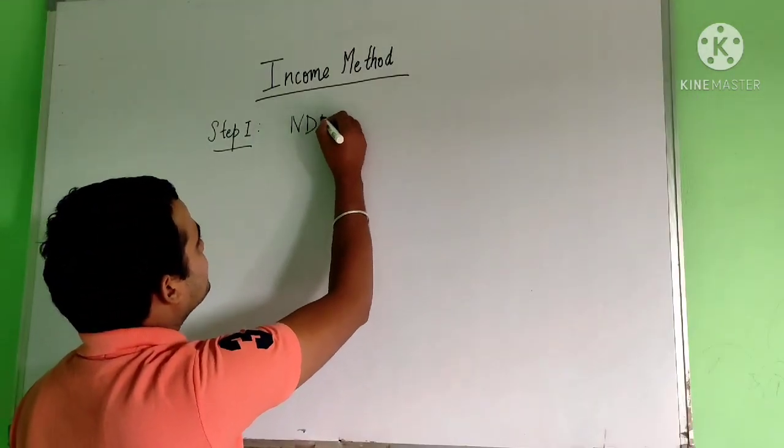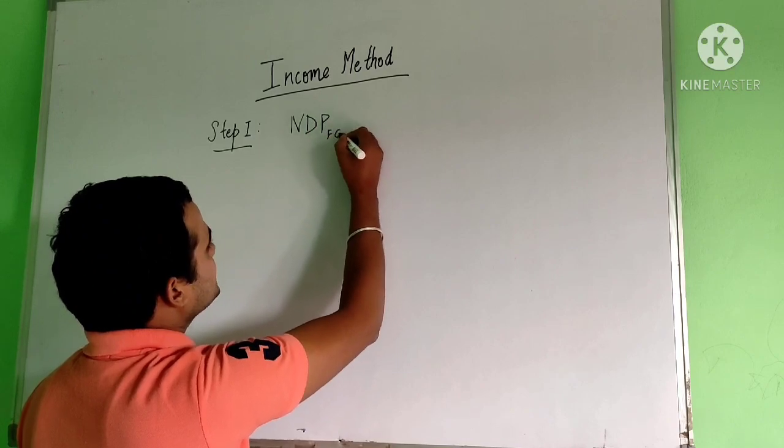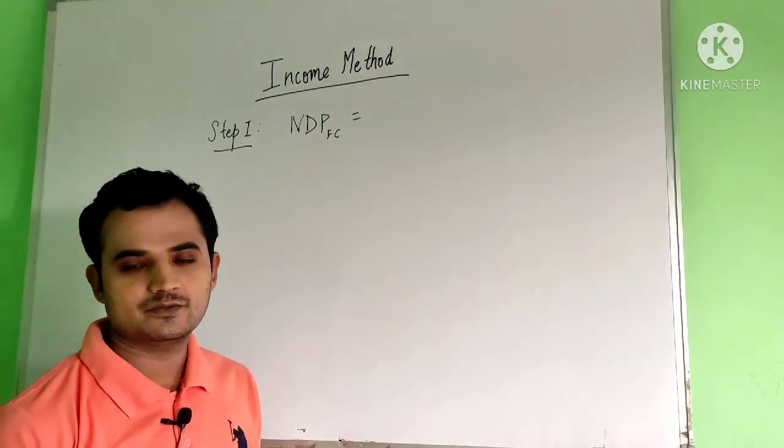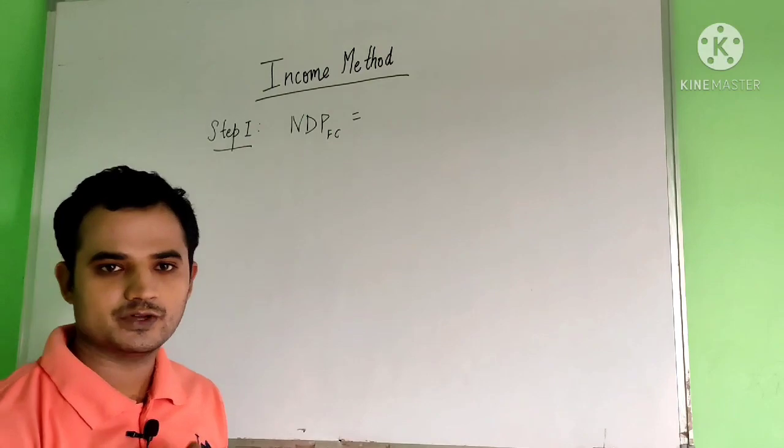calculate net domestic product at factor cost, because in this method we are adding the income of the factors.